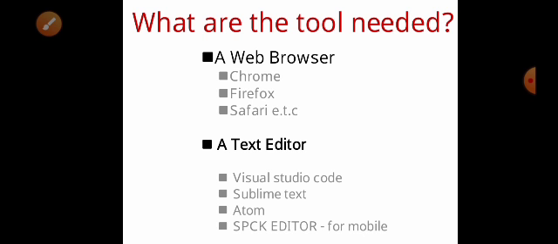But if you are using a desktop or a laptop computer, you'll be needing Visual Studio Code, Sublime Text, or Atom. So you can download any one of these to work with as a text editor on your laptop or desktop. But if you are using a mobile phone like myself, you will need to download SPCK Editor.